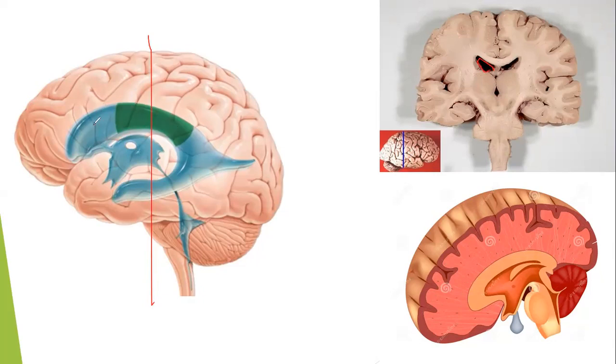It's one ventricle. Then the other one is on the other side. You can see that they are separate, but they connect to a third ventricle, which goes down to the fourth ventricle. So those are the hollow spaces within the brain, and they are fluid filled.